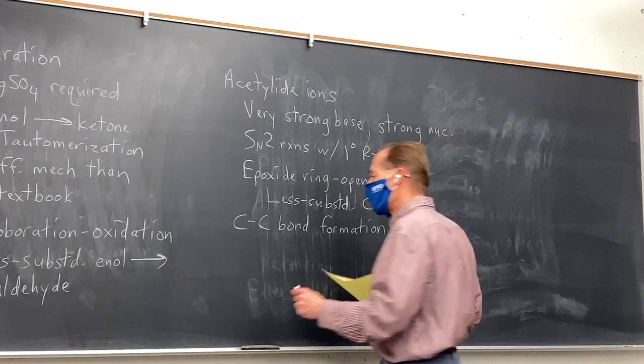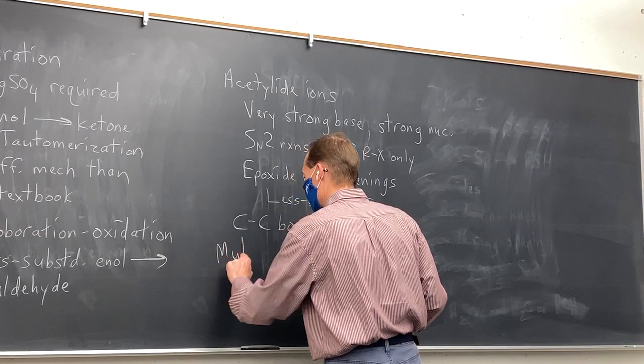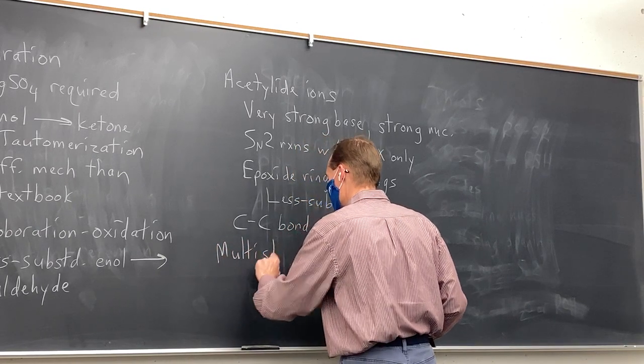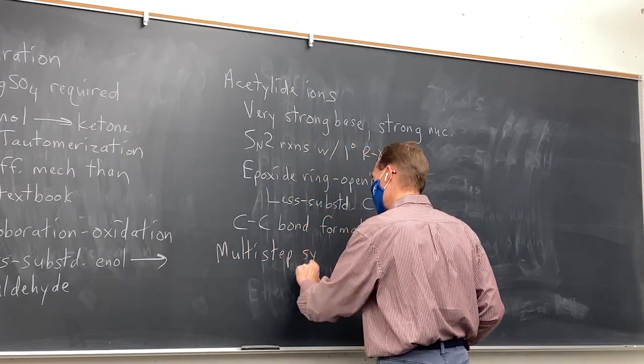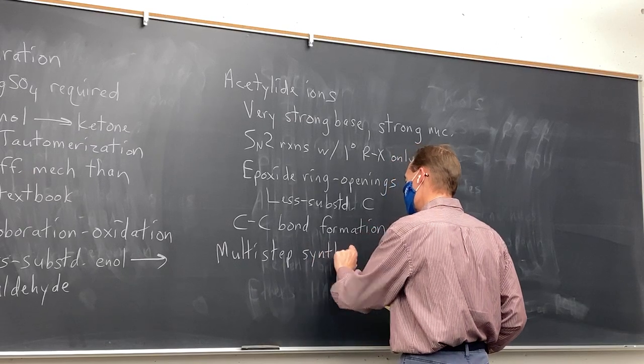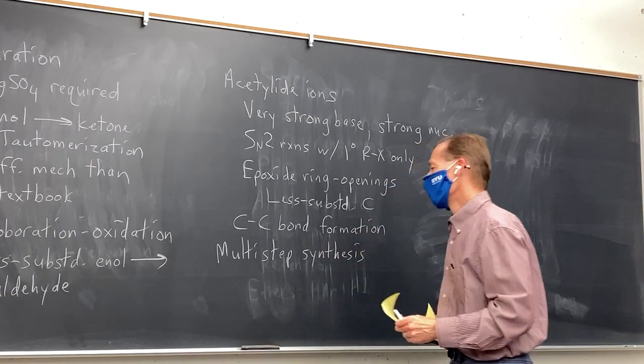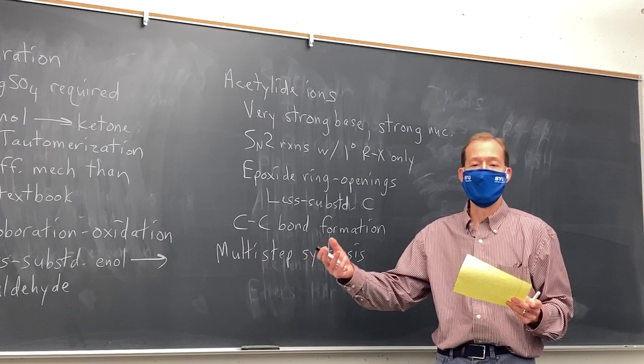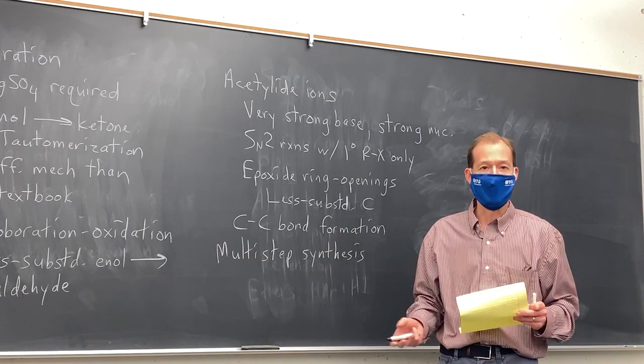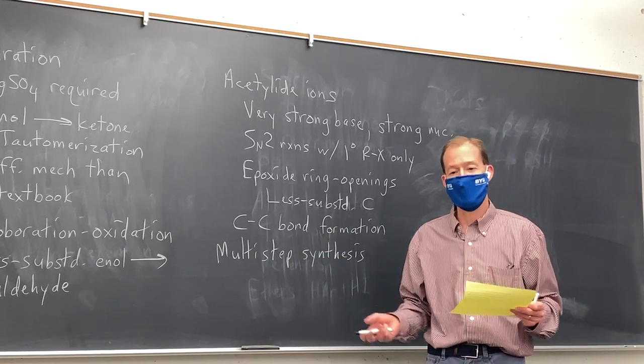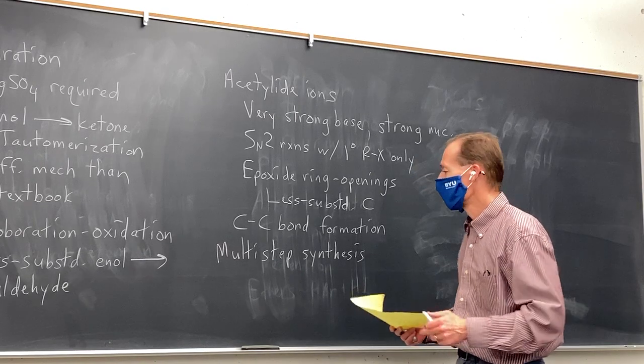Then the conclusion of chapter 11 involves talking about multi-step synthesis, or how we would design a synthesis of a complex target compound from simpler starting materials, a synthesis that would have to be accomplished in more than one step.